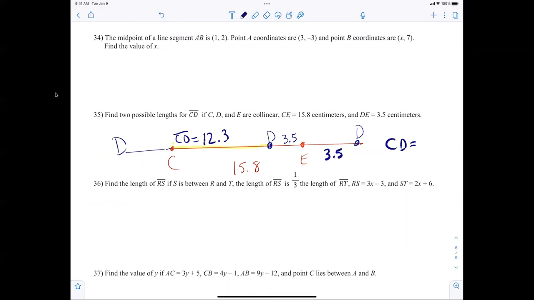Yeah, 19.3. I'm happy with that. Everybody's good with that? 15.8 and 3.5 is what? Yeah, it's that length, right? This length.